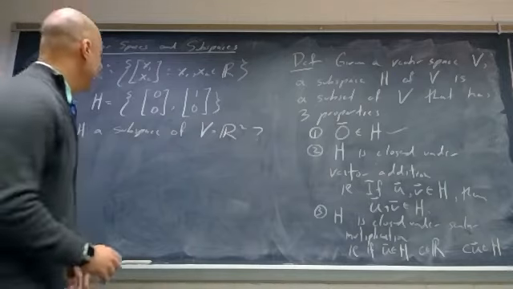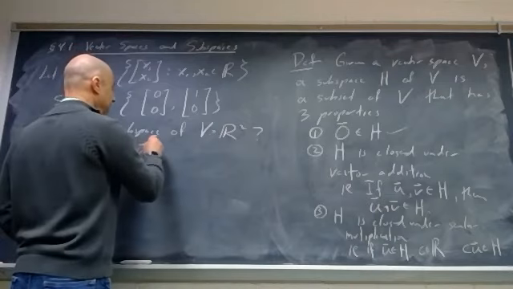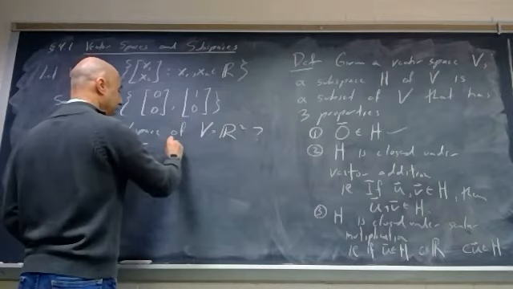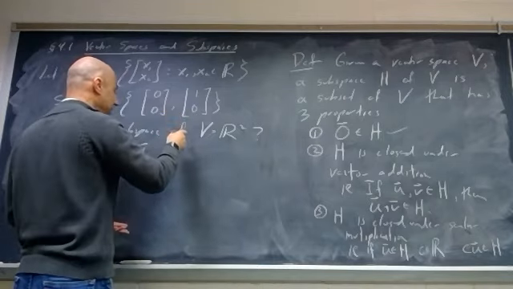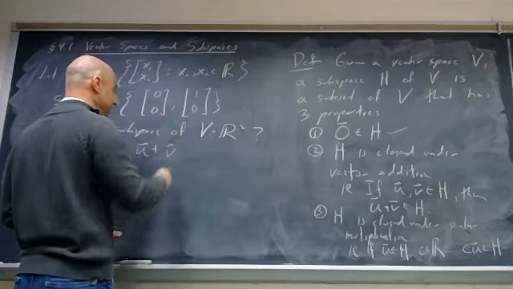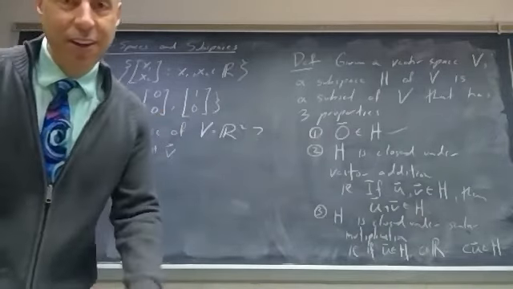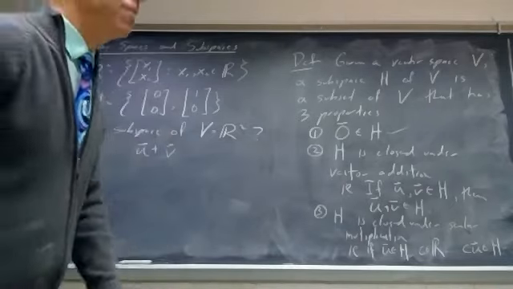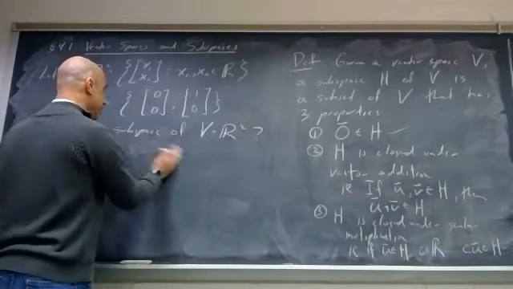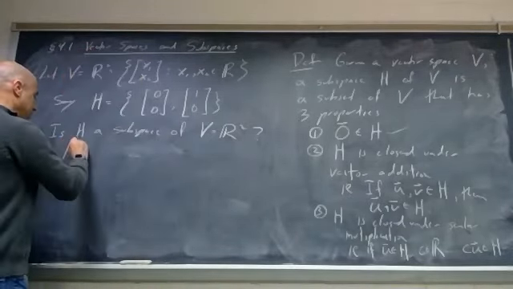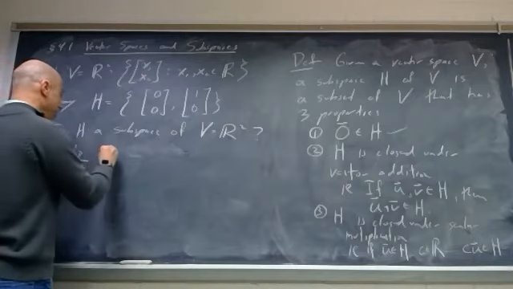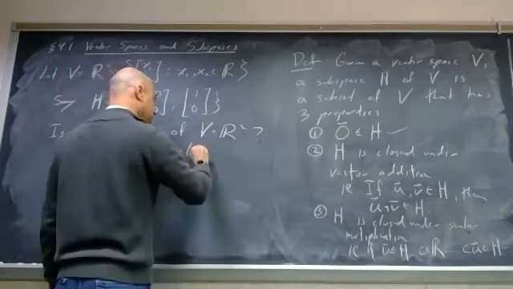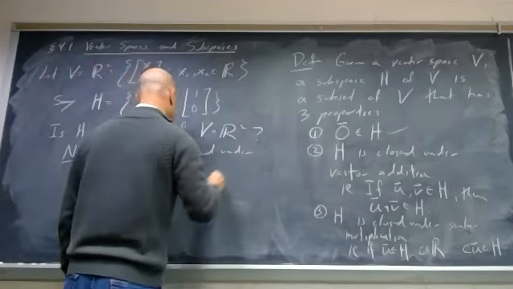So if I pick U to be one of these and V to be one of these, and it could be the same one, and I add them, is it necessarily one of these vectors? Right, it's not. It's definitely not. So the answer to this is no. H is not closed under vector addition.